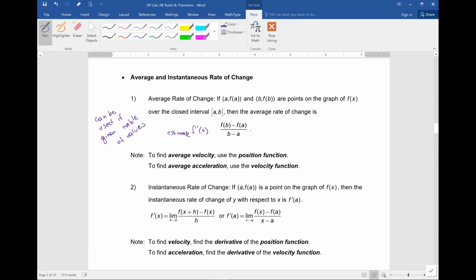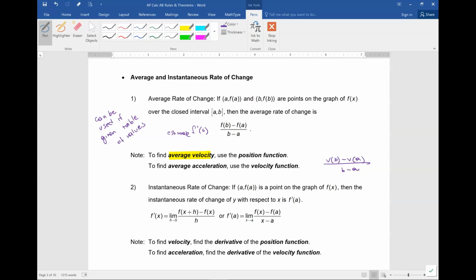Now, here's what you need to keep in mind. This is to find average rate of change. So how do you find average velocity? Look, if you do this, is that average velocity? No. What have you found?